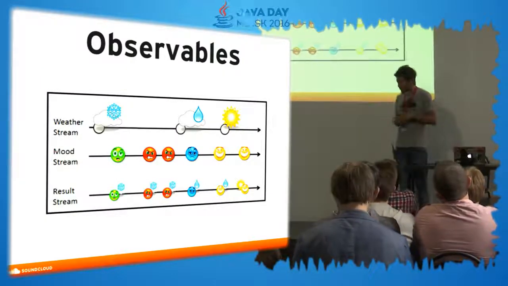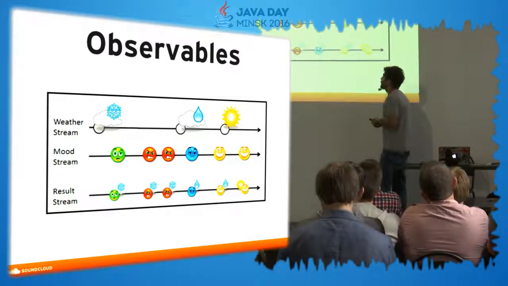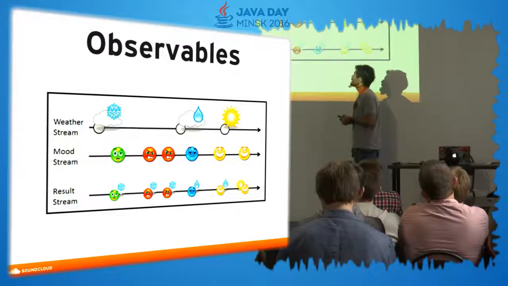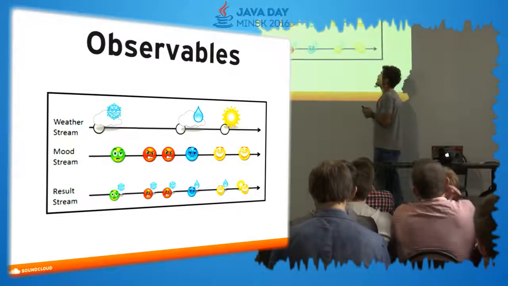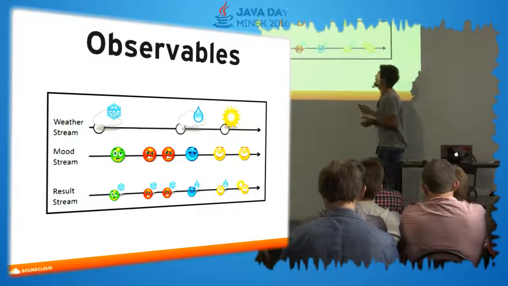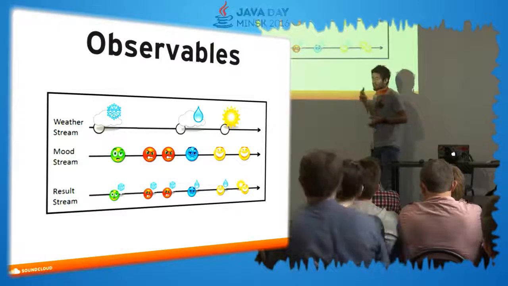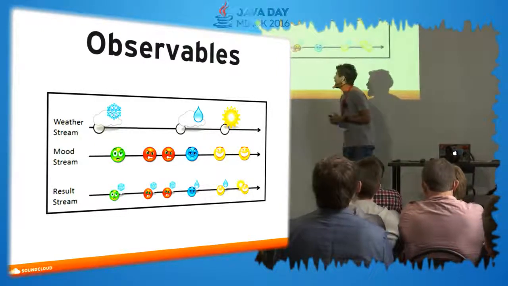I wanted to represent a little bit what an observable is like. Let's say we have an observable here, a computation that, I don't know, goes to an API and starts emitting weather conditions. Just like there's someone listening to those weather conditions, to that data.